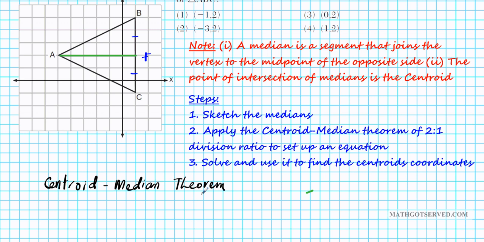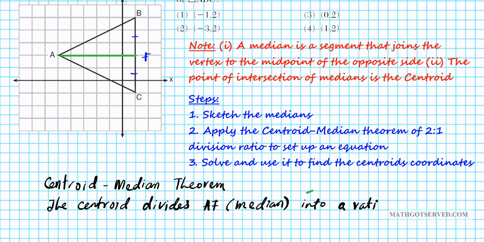What it basically says is that the centroid divides the median into a ratio of 2-to-1. Okay, so let's write that down. The centroid divides AF, the median, into a ratio of 2-to-1. This is one way of looking at the centroid median theorem.